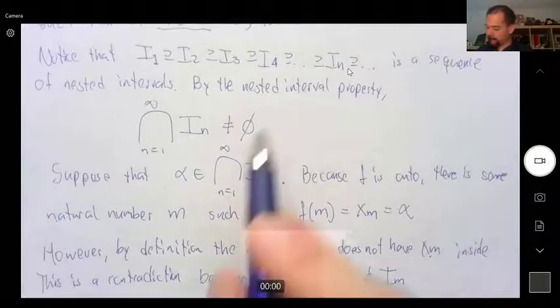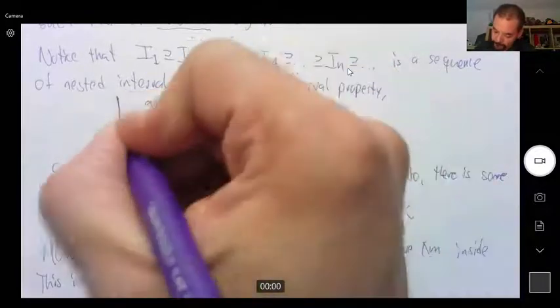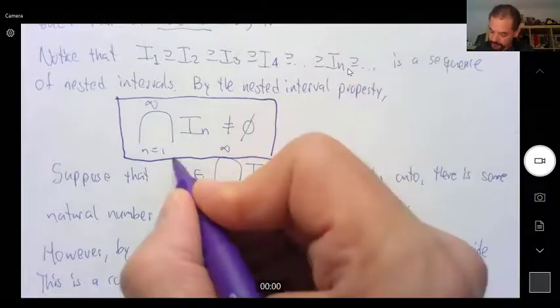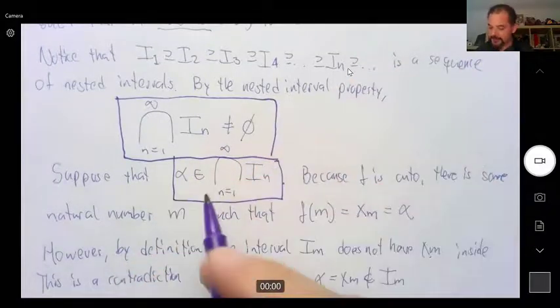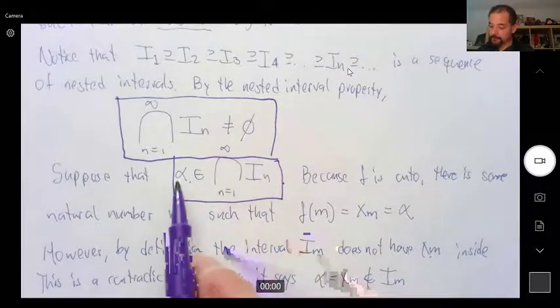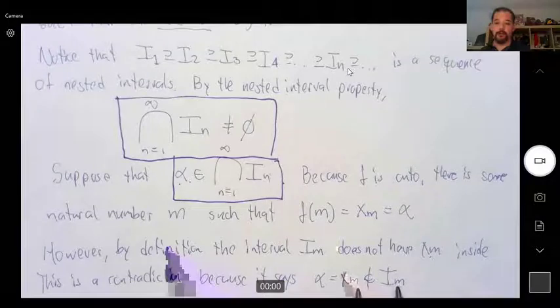But over here, this one says that alpha is in all of them, right? This one says that alpha belongs to all of them. And this one says it doesn't belong to Im. So these two contradict each other, right? You cannot simultaneously belong to all of them and not belong to Im.